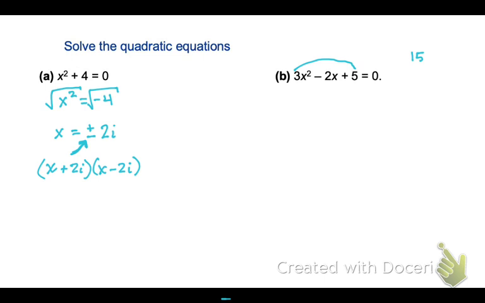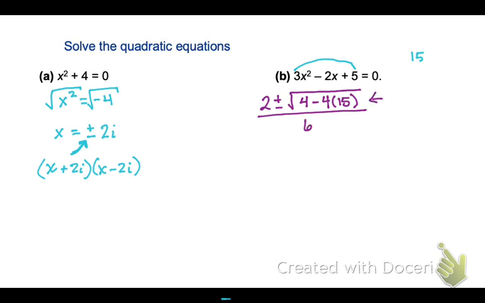Okay, so it's negative b, right? So 2 plus or minus the square root of b squared, so that'd be 4, minus 4 times a times c, so that's 15, all over 2a, so 6.